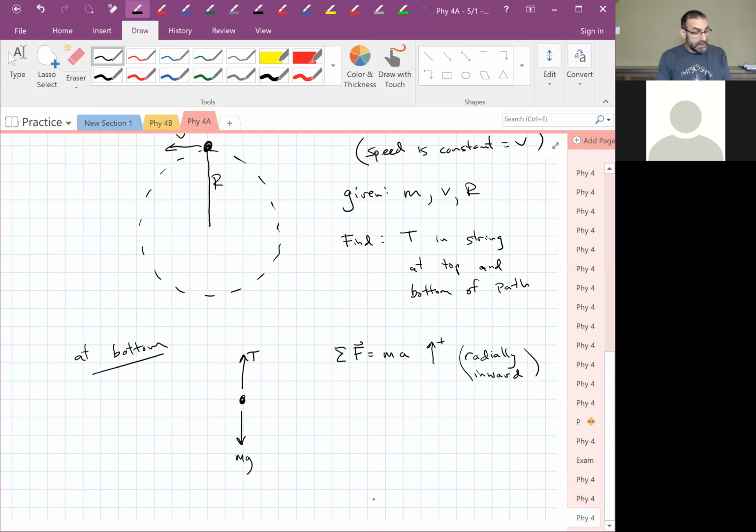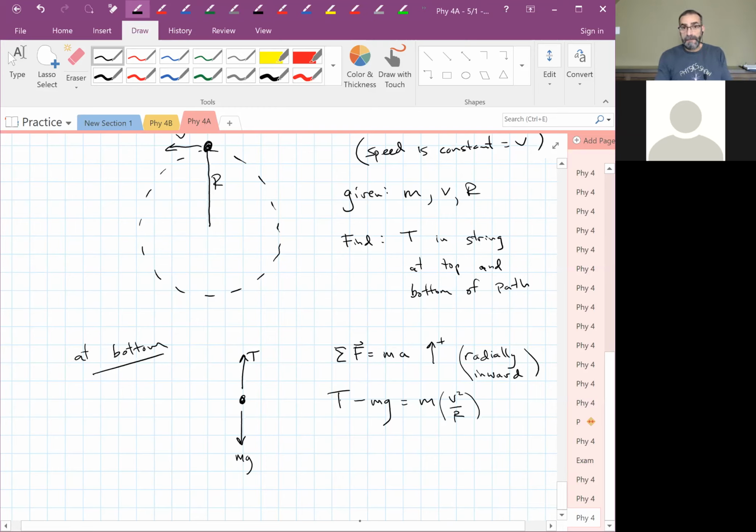Okay, so what do I know? Sum of the forces, up is positive. T points in my positive direction. mg in the negative direction, so T minus mg. And what do I know about acceleration when something is moving in a circle? I know it has to have this special value, v squared over r. It is centripetal acceleration. So I can put in here v squared over r.